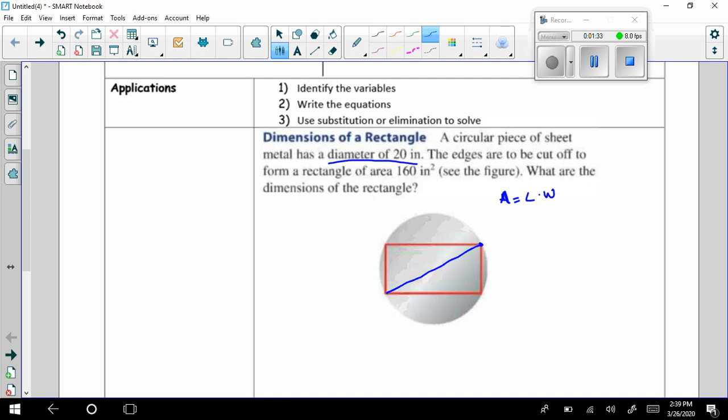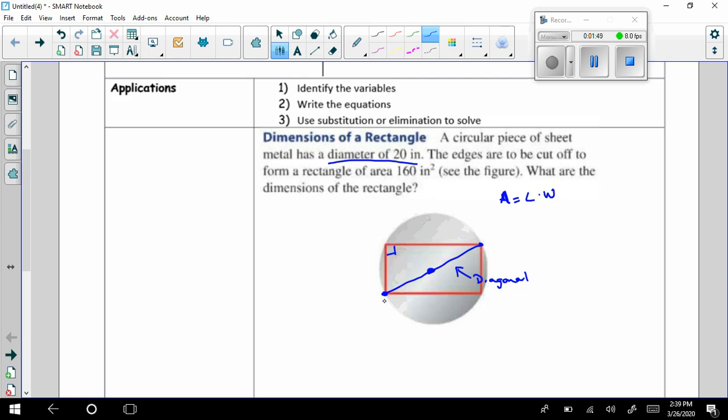That goes across the circle through the center, but it also is the diagonal of the rectangle, if you remember some of your geometry terms.